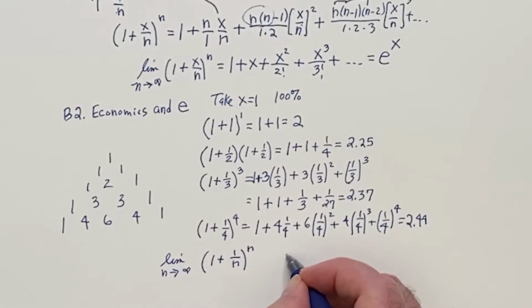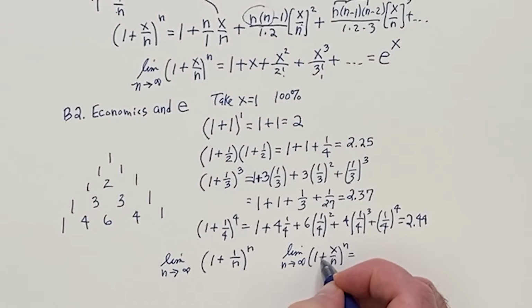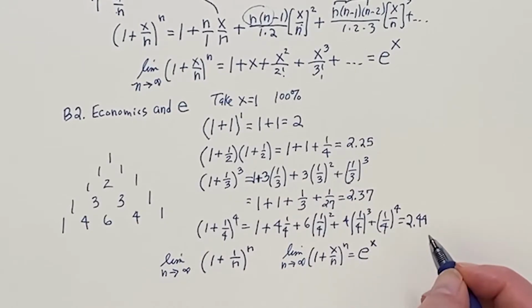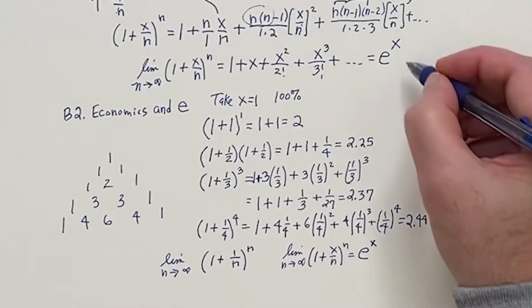But now we already know that the limit when n goes to infinity of 1 plus x over n, we already have looked at this equation, that this equation here is equal to e to the x. See, we already did that earlier. That's the power series that we did up here.